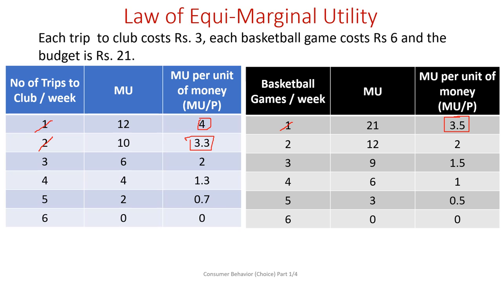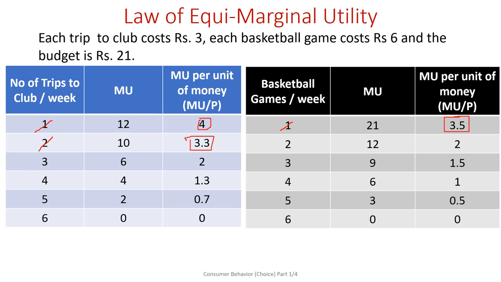Now the fourth weekend. Consumer can go to the club. This will give him 2 utils of marginal utility per unit of money. He can go to play basketball, the second game because he has already played one. So again, the marginal utility per unit of money is also 2 utils.